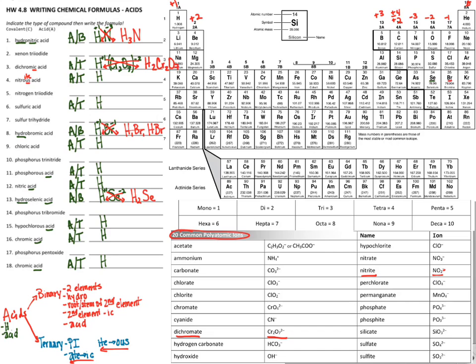I'm going to give myself a little bit of space because I have NO2. Again, -1. Hydrogen is +1. These crisscross. So my formula is actually, it doesn't have to change. And in this case, we don't need parentheses because there's only one polyatomic ion and there's only one hydrogen.